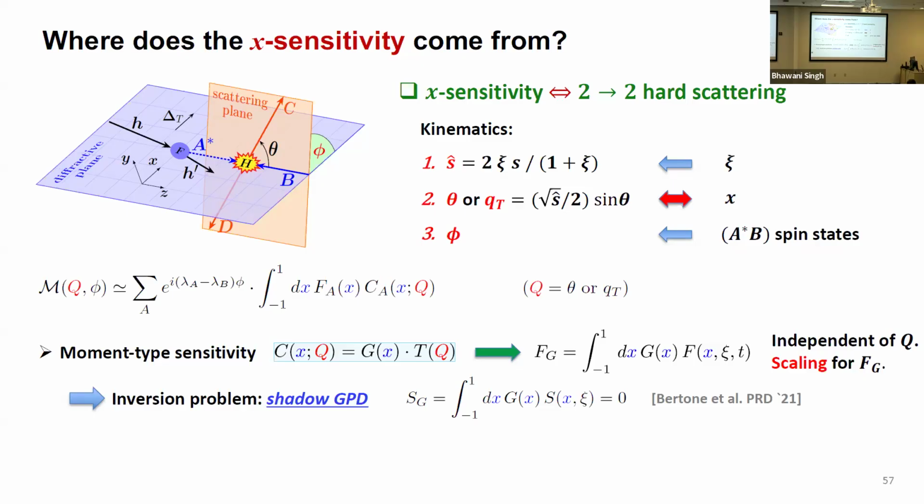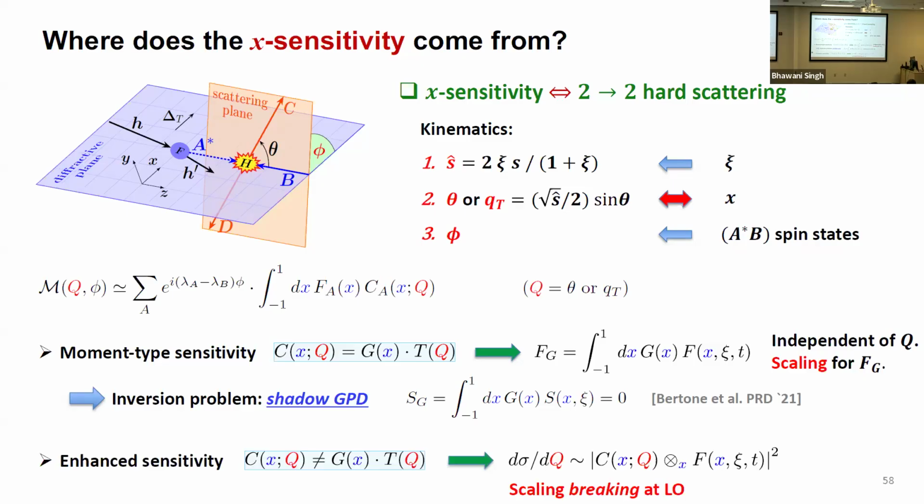This, by the way, doesn't mean that in reality there is more than one GPD, because GPD by its operator definition is unique. It's just that the inversion from experiments is singular. And that occurs if we only have processes of this type.